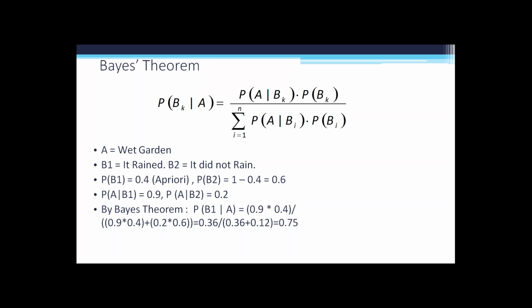You get 0.9, 90% of conditional probability of wet floor given rain times absolute probability of rain. That is the probability of it having rained and it having wet floor.